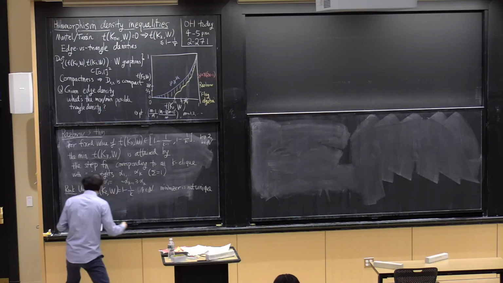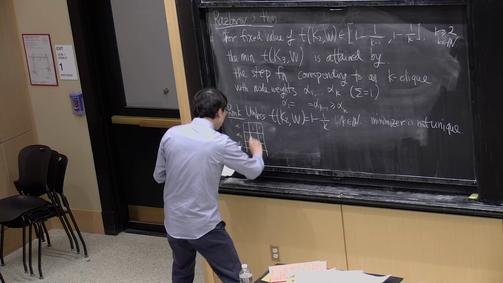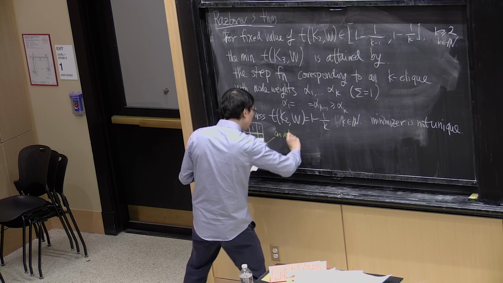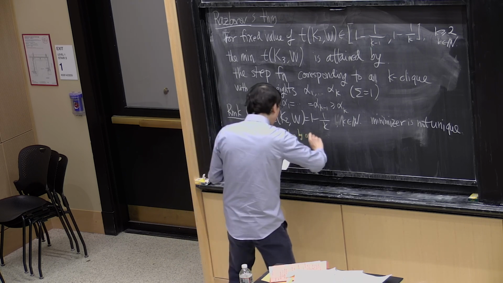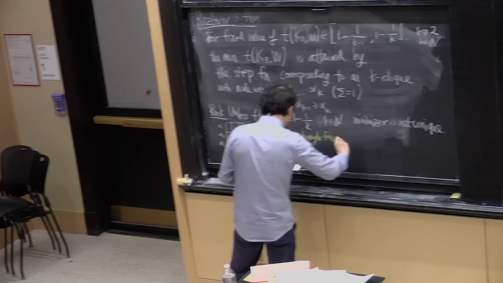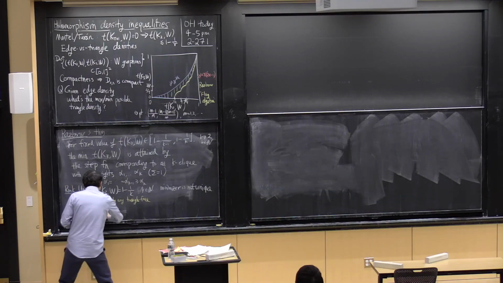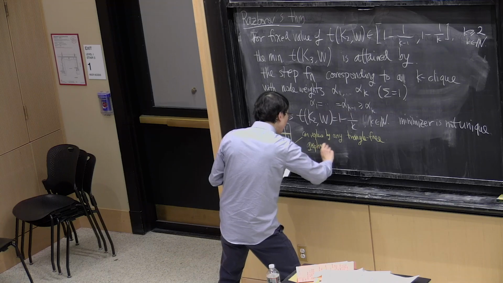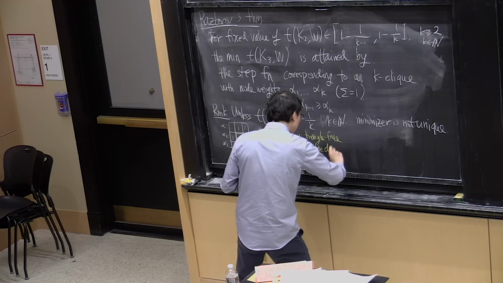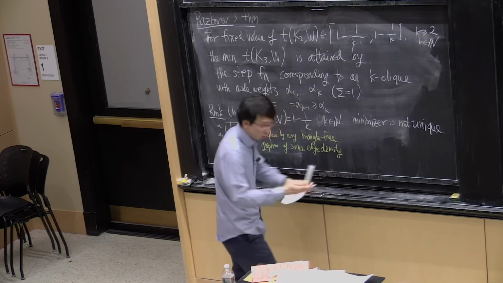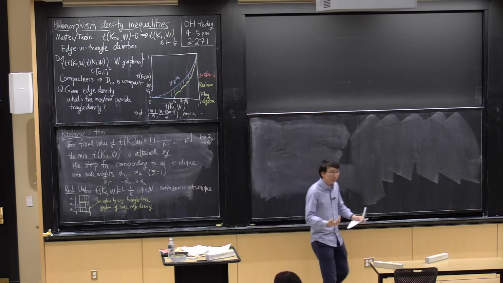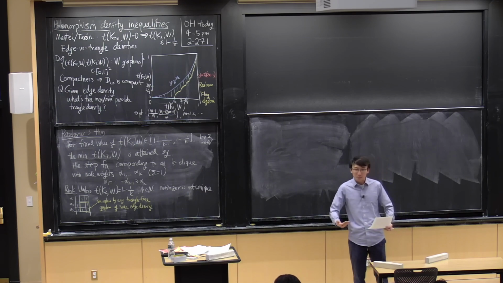I can replace this graphon here by any triangle-free graphon of the same edge density. And there are lots and lots of them. And the non-uniqueness of the minimizer makes this minimization problem much more difficult.